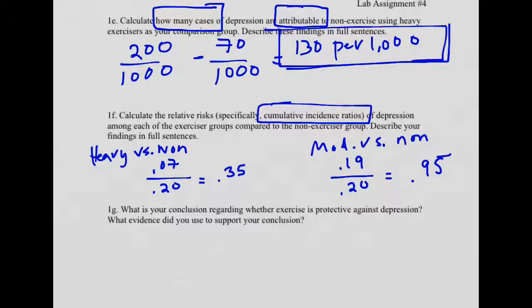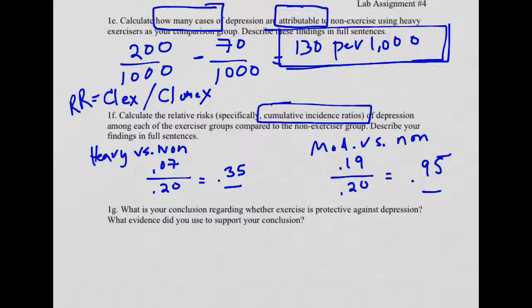And I'm just going to put, relative risk, in this case specifically cumulative incidence ratio, is our cumulative incidence in the exposed divided by our cumulative incidence in the unexposed. That's what we just calculated. So we end up with two relative risks, 0.35 and 0.95.